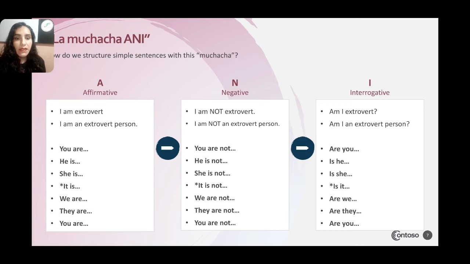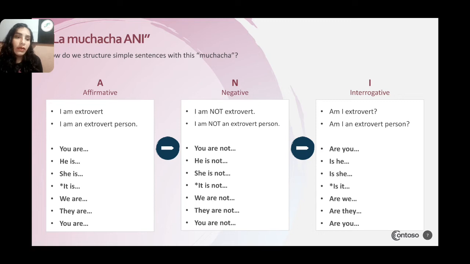Coloqué un asterisco en it is, puesto que no sé si podríamos describir a un objeto con el adjetivo de extrovertido. Por eso tiene un asterisco, porque no es posible. In the negative, you have you are not, he is not, she is not, it is not, we are not, they are not, you are not.